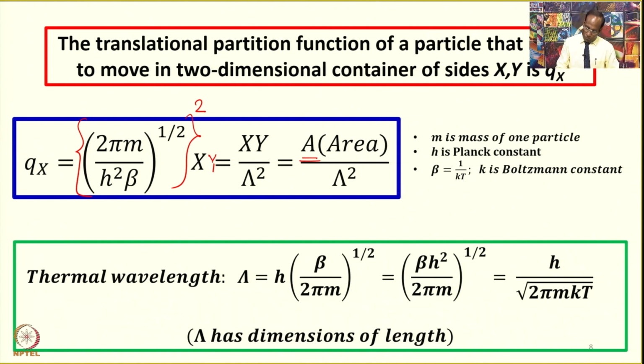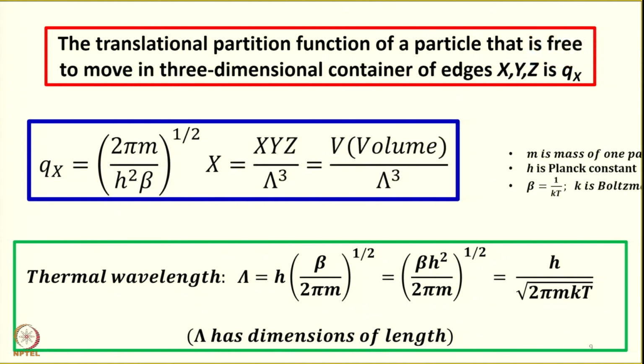And now if you then move into 3 dimension, then in that case this has to come 3 times and you have x, y, z, that means xyz divided by lambda cube. xyz is equal to volume divided by lambda cube, where lambda is thermal wavelength, and the value of thermal wavelength can be calculated from the knowledge of mass of the particle and from the knowledge of temperature. This is translational contribution.